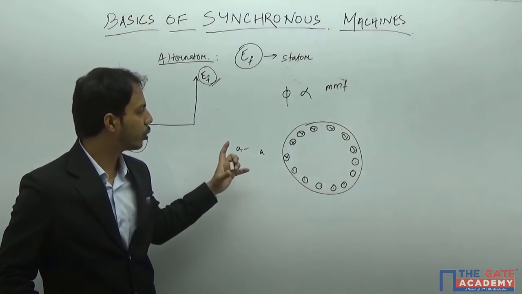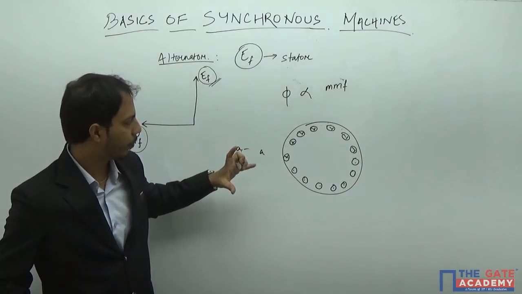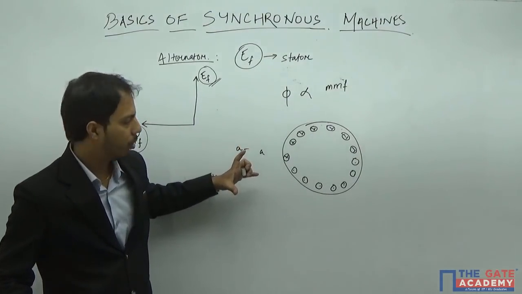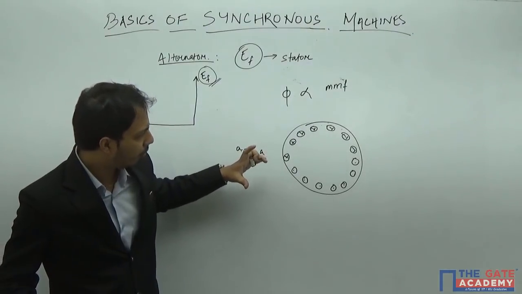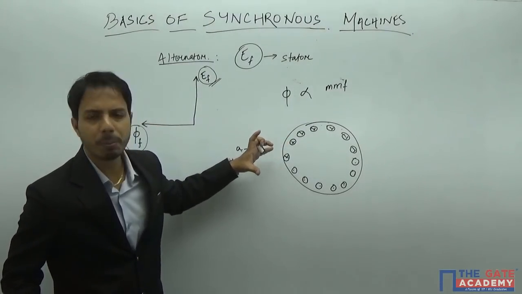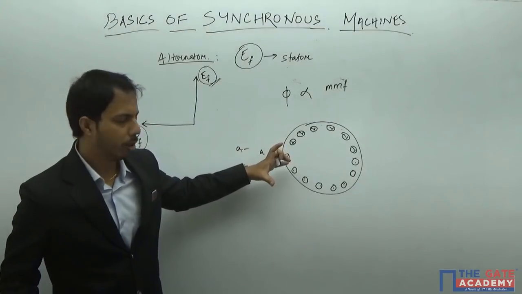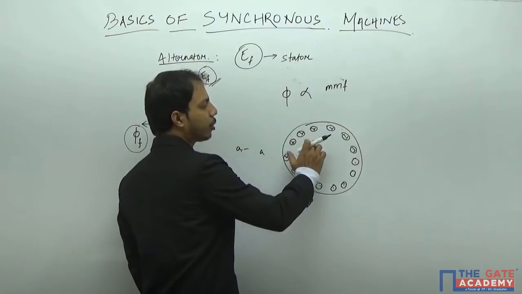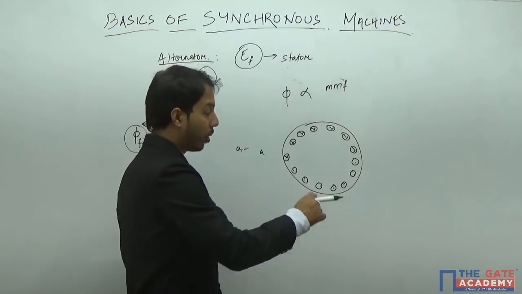So now you see the MMF which will be produced, or the flux which will be produced, will be better. Now what more you can do is, suppose each slot has an equal number of turns.